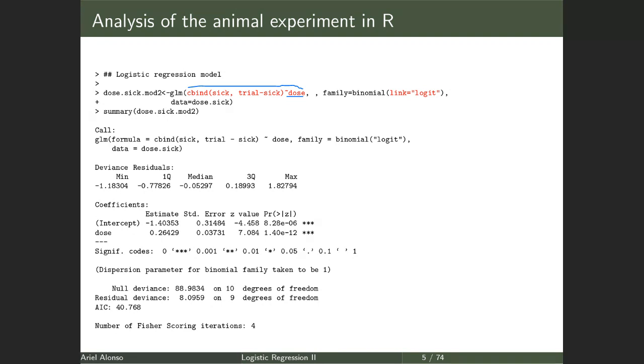And here in the second part, in the family part, what we are doing is the second step, or if you want a mixture between the second step and the first step. The second step, because we specify that this is binomial data, we have repeated measurements, but then you have here the logit function, and you're telling R, from all the possible links I can use to link the mean of the variable to the linear predictor, or if you want, from all the response functions that can be used to link the response to the covariate.